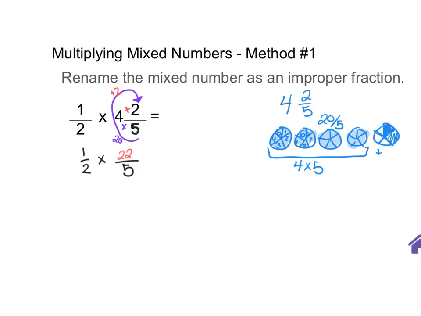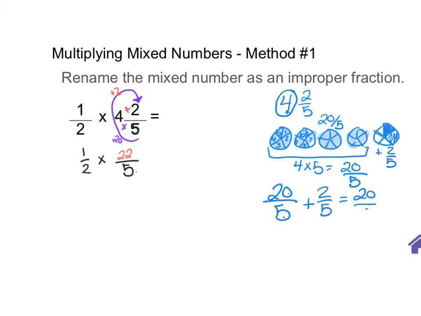And then I have plus 2/5, okay? So I have 20 fifths here, plus the 2/5, and that's how I got the 22 fifths over on the right side, okay? Or you can change this 4 and just say that the 4 is 20 divided by 5, plus, because 20 divided by 5 is 4 wholes, plus the 2/5 equals 22 fifths.